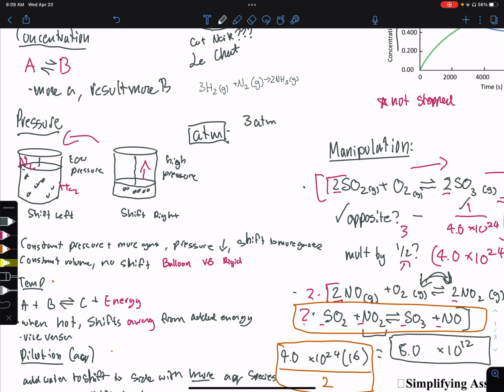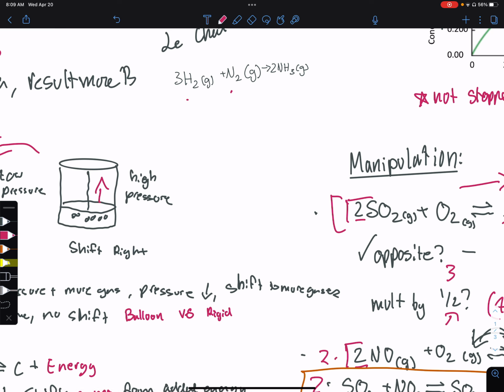If you remember gas laws, partial pressure is pretty much the summation of all these different gases to the total. So in the Haber process, we have H2 and N2. Let's say we had a balloon, and within the balloon we have one ATM of H2 and one ATM of N2.